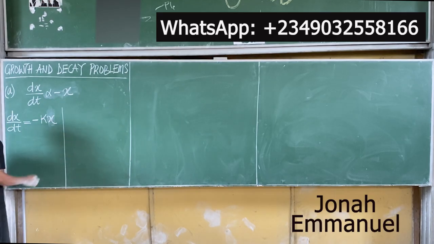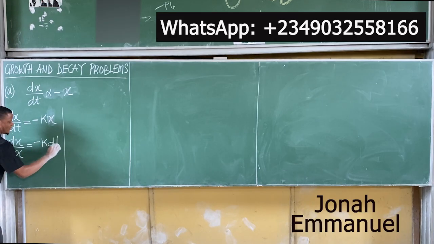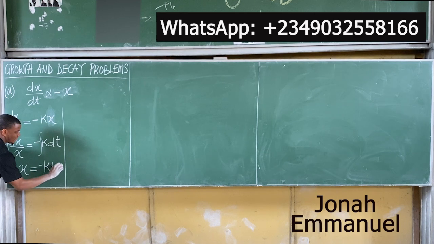Is minus kx, please. All right, x comes down here, the dt goes here. I have dx over x is equal to minus k dt. Integrate this. If I integrate this, I'll have ln x is equal to minus kt plus c.